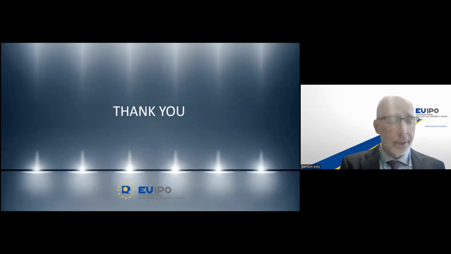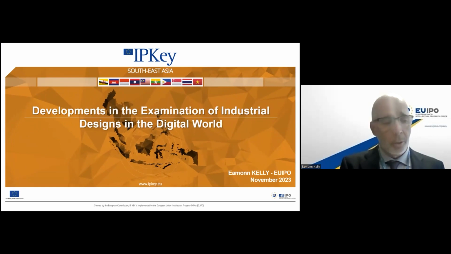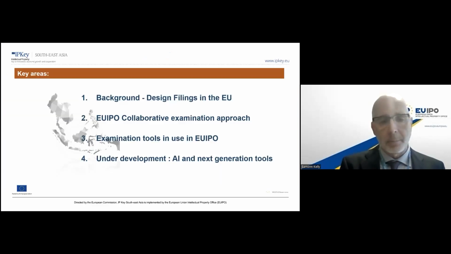That basically ends the presentation. I hope you have enjoyed it. Essentially, just to wrap up, we could say in 3 simple ways that the office has developed an efficient and practical approach to design examination. First, building a new tool that allows examiners to focus only on the substance of the examination, that is, looking at the views and checking the indication of product.